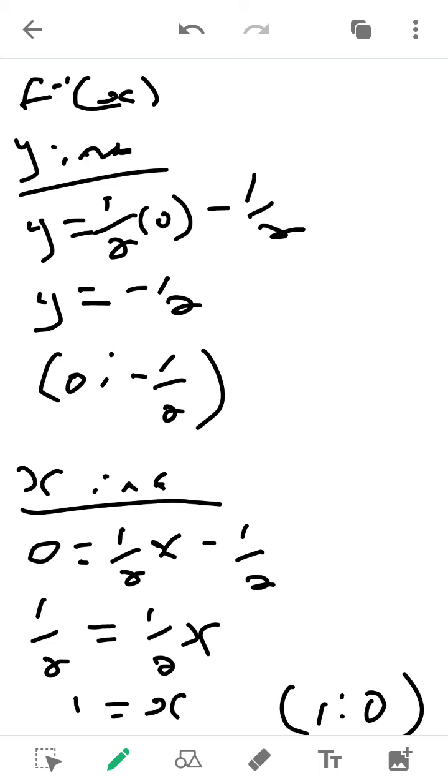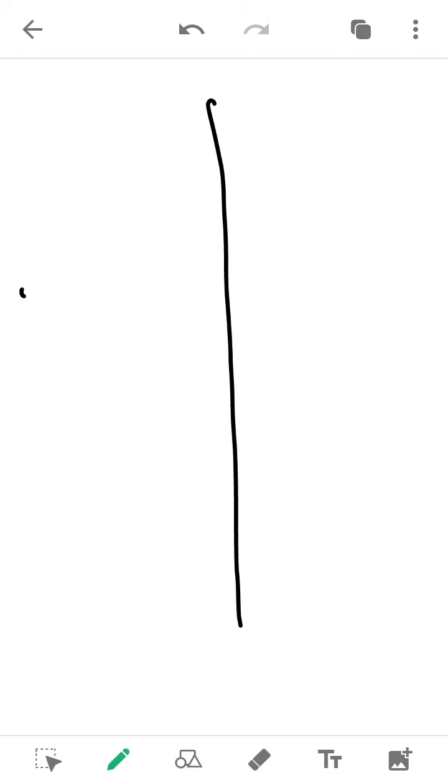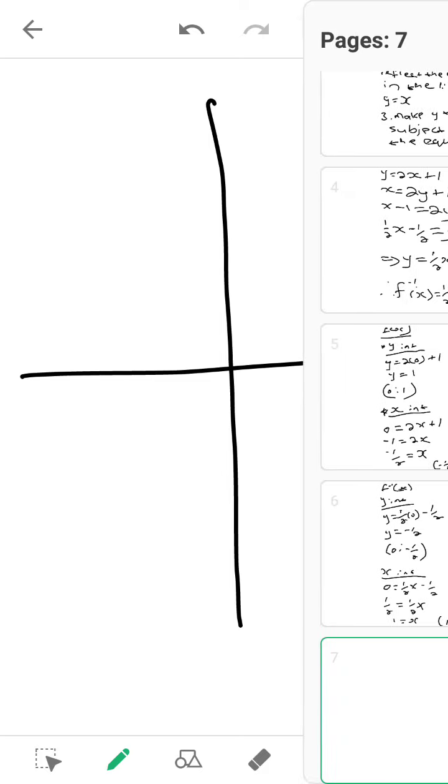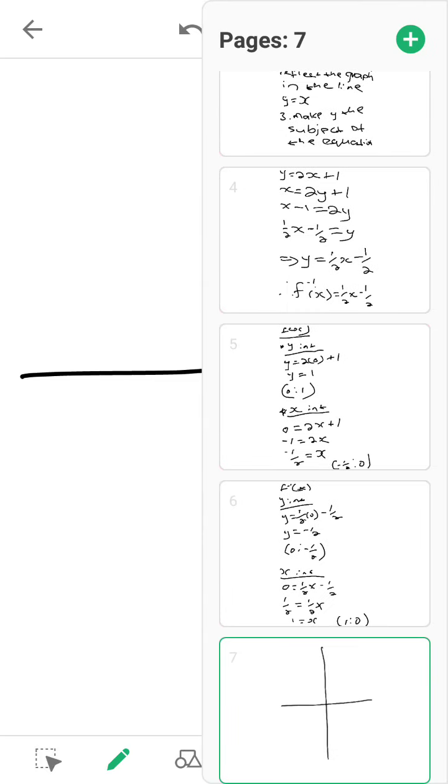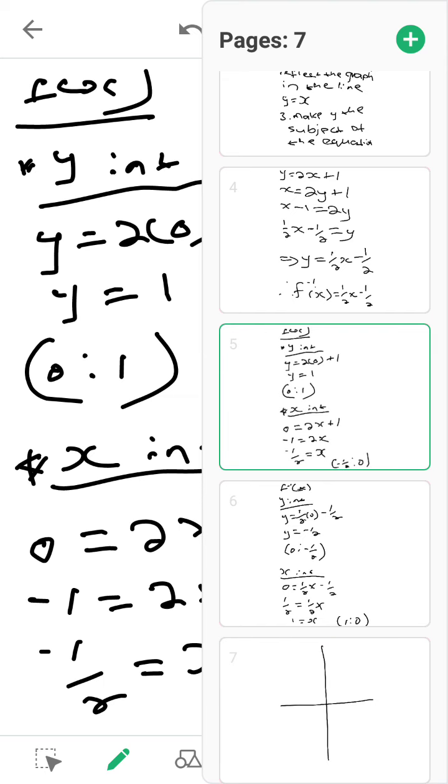Now we're going to plot our graph. So our first graph is for f of x equals 2x plus 1. So let's write it like this. And then let's go back to our points of intersection of f of x.